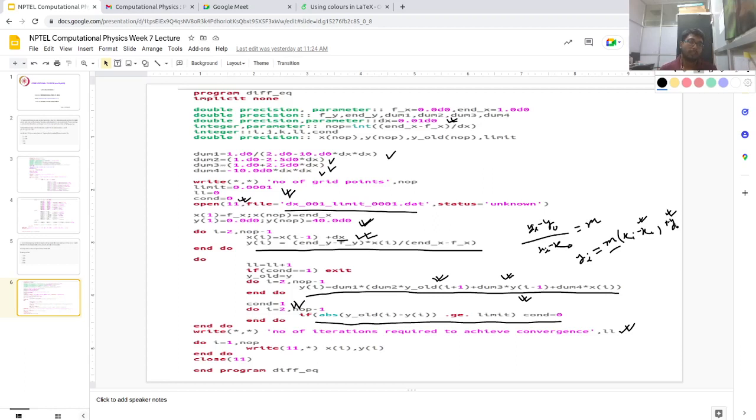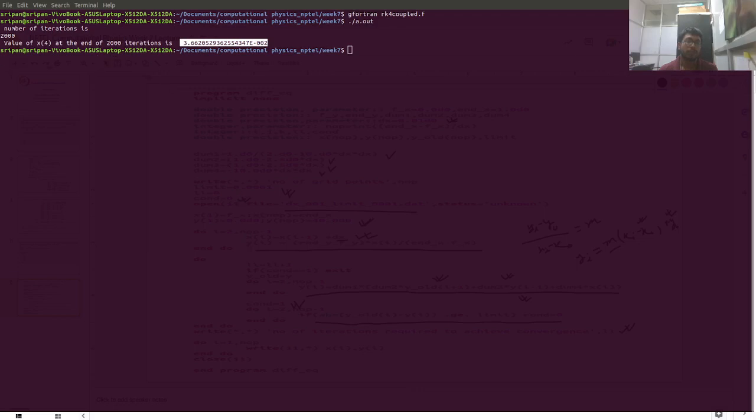So let us move to the code part. Here is the particular code for this, and I am going to show the terminal where I am going to compile the program I have already written.